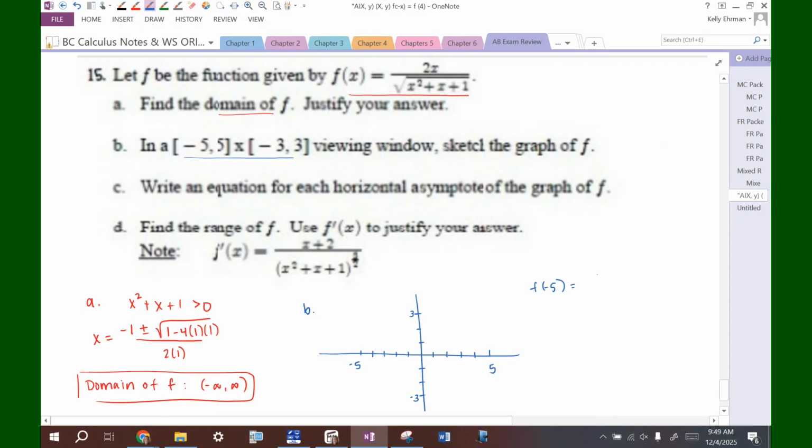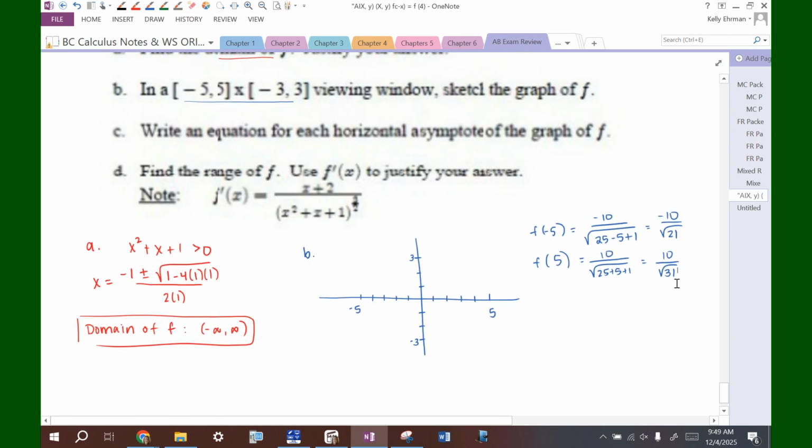That'd be negative 10 over the square root of 25 minus 5 plus 1, negative 10 over radical 21. And f of 5, that's probably not going to be very productive either. That's going to be positive 10 over radical 31. Okay, well, that's not all that helpful. That tells me there's a point down here and a point up here.